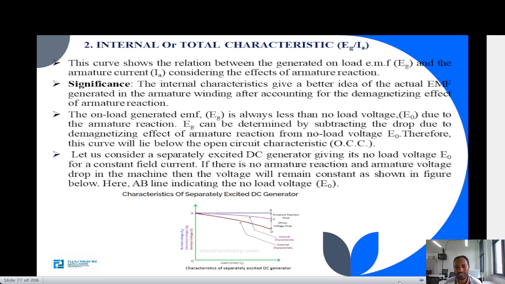In a normal generator, as you remember from when we were generating the equations last time, the on load generated EMF is always less than the no load generated EMF due to the armature reaction.